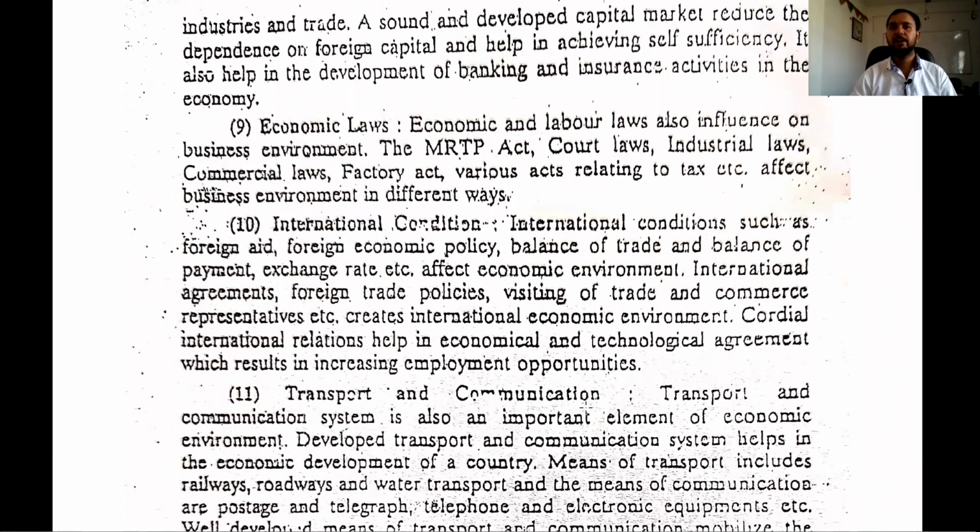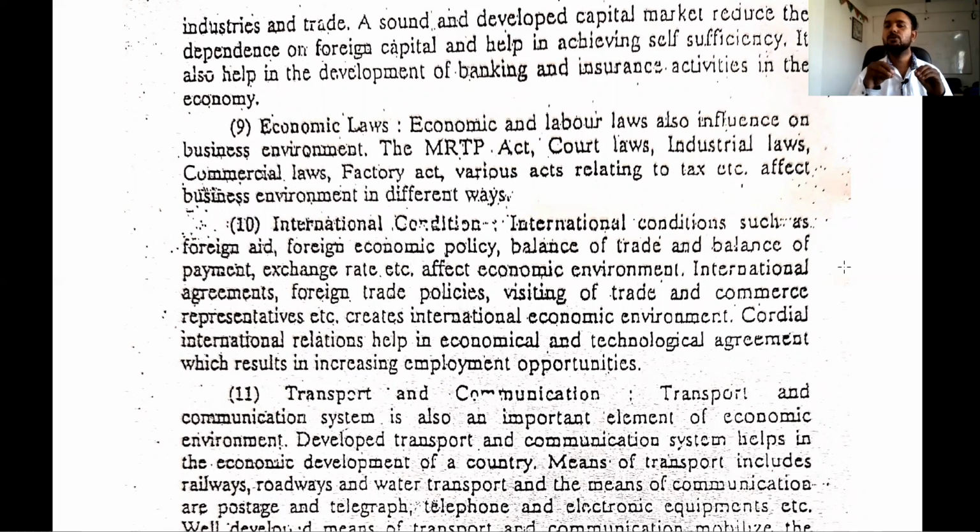Now we have the next factor, that is economic laws. Economic and labor laws also influence the business environment. The MRTP Act, court laws, industrial laws, commercial laws, factory laws, various acts relating to tax, etc., affect the business environment in different ways. So, guys, from the explanation given, we can say that there are certain laws which are about the employees, which are about the labor acts, which are about the infrastructure of the company.